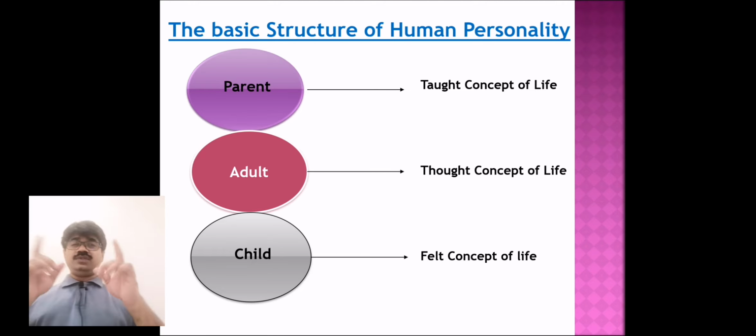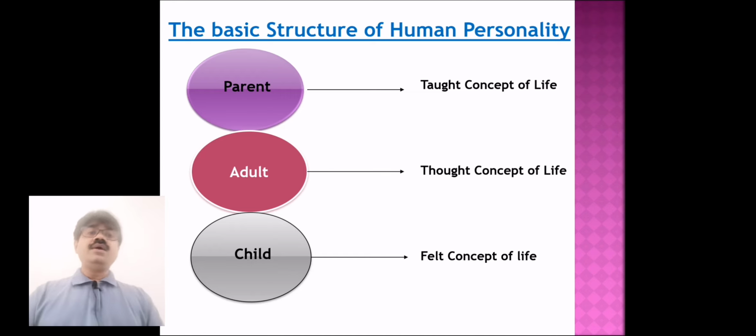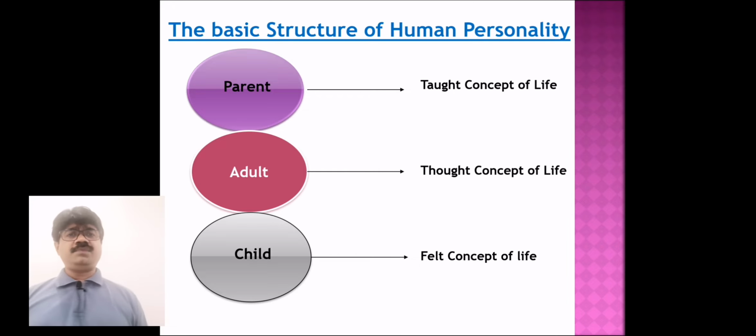Now, we will try to understand the basic structure of the human personality. The first thing we are learning is the structure, to understand the personality. The parent ego in us is usually the taught concept. We are taught by our parents to be like this, don't do this, or you are not supposed to do that. You are supposed to wake up early in the morning, you're supposed to respect elders, a lot of conditioning. A lot of conditioning is done by our parents.